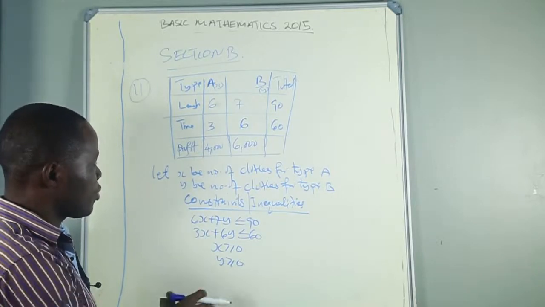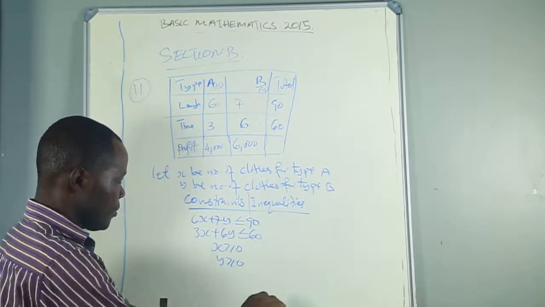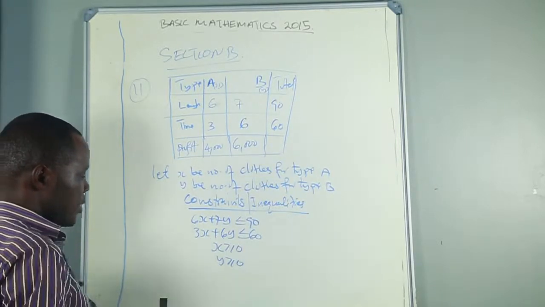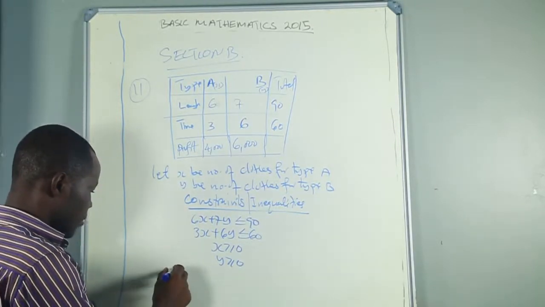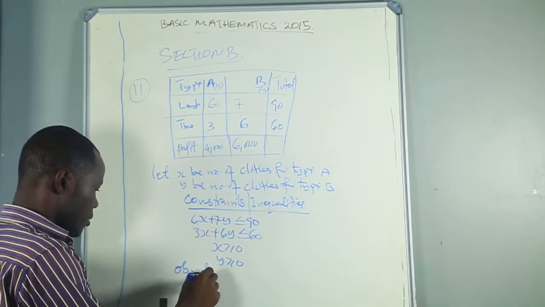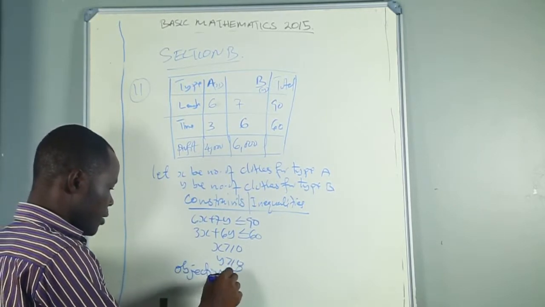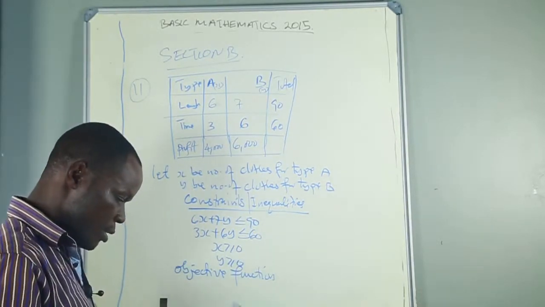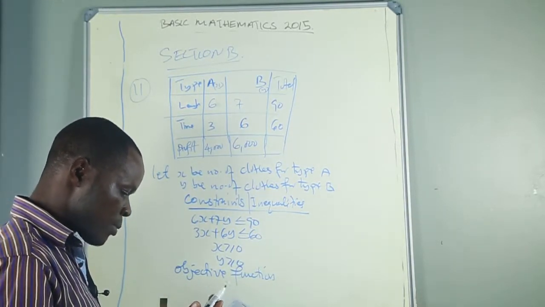Then we are required to draw the graph using the constraints. Before drawing the graph, let us identify the objective function, whether it's to maximize or to minimize. The question requires us to maximize the profit.